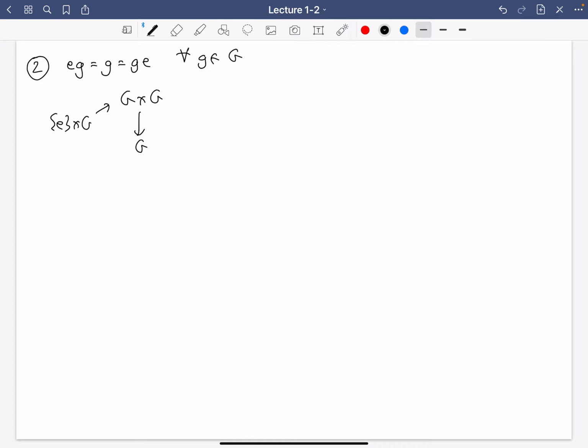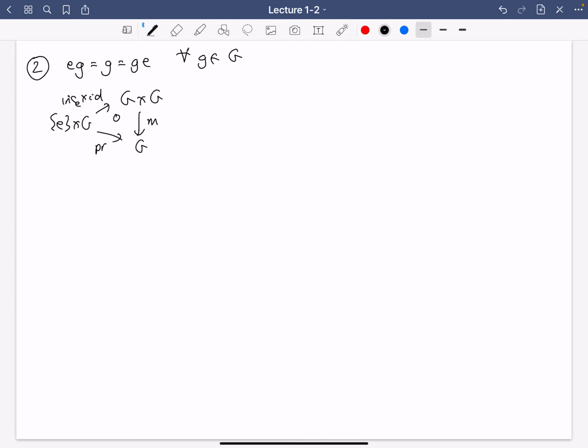If I take G cross G to G, that's multiplication, and I can look at the identity cross G. So if I use inclusion of E cross the identity, that gives me a map from E cross G to G cross G as sets, and down here I've got this obvious projection map, just sending E comma G down to G. So this is just projection onto the second coordinate.